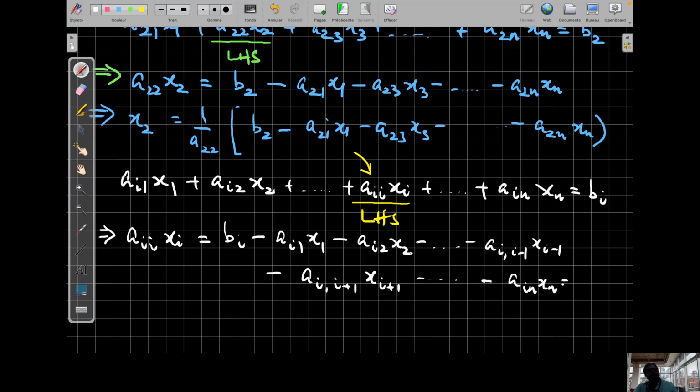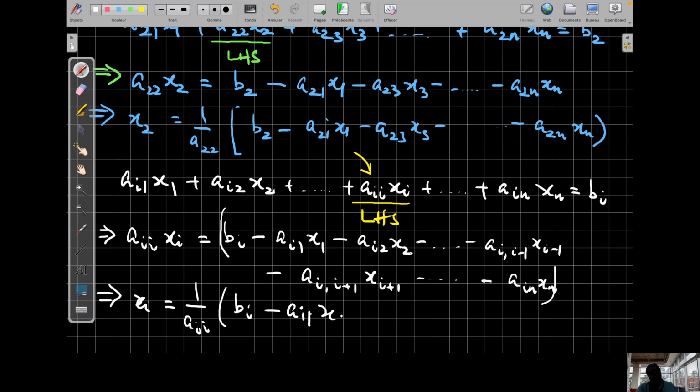If I have to understand this, it's very simple. This is how I'm going to do it. You can put a bracket here and a bracket there if you want. And with this, I can actually write x_i equals 1 upon a_ii, and then the same expression, whatever you have got here, you write up to this particular part.